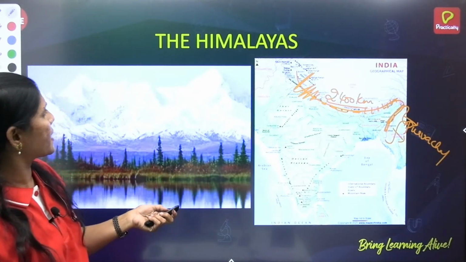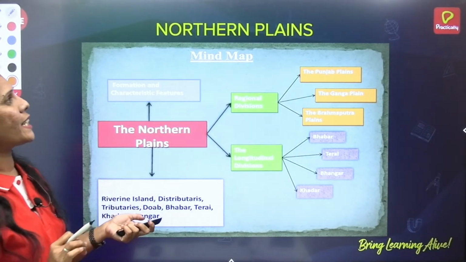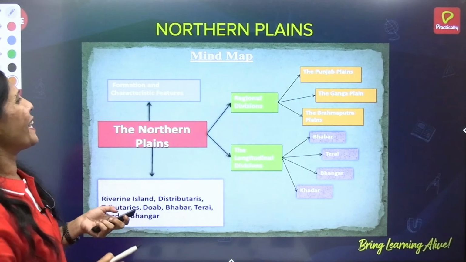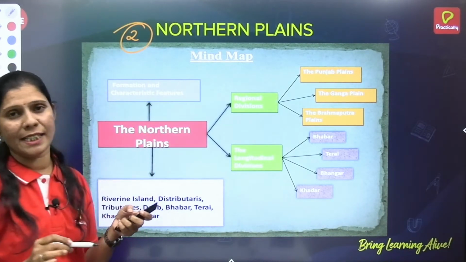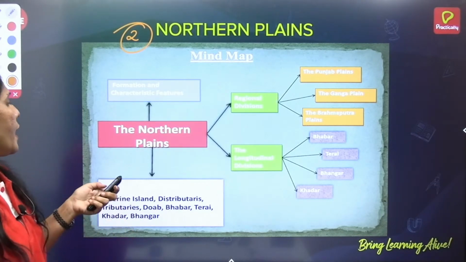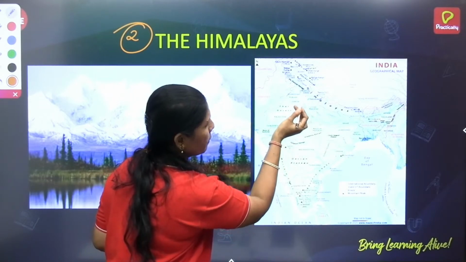Let us go to the next physical feature, that is northern plains. Northern plains is the second land feature, which we call the rice bowl of the country, just adjacent, just below the Himalayan region.